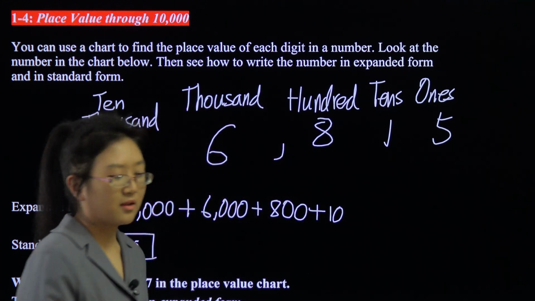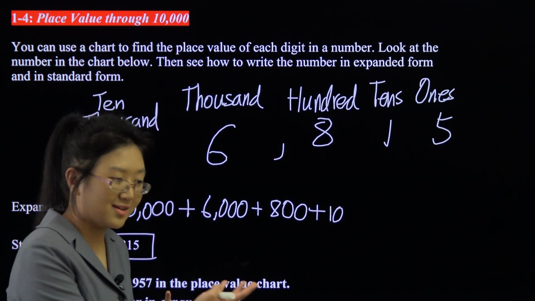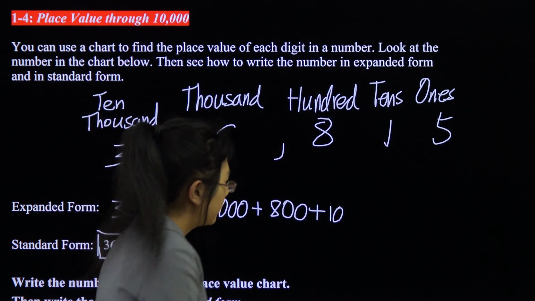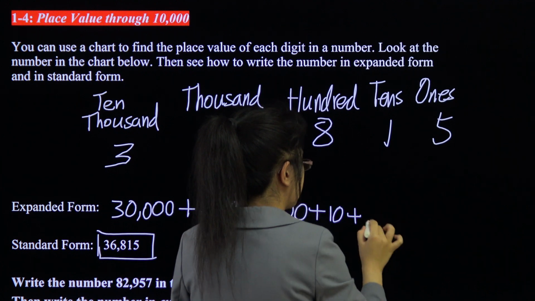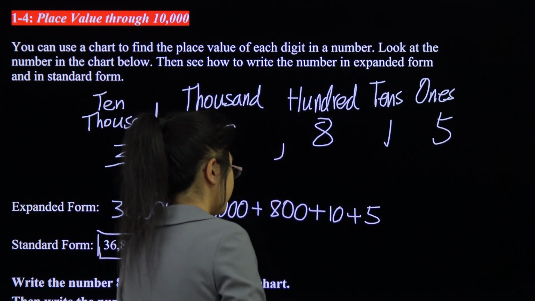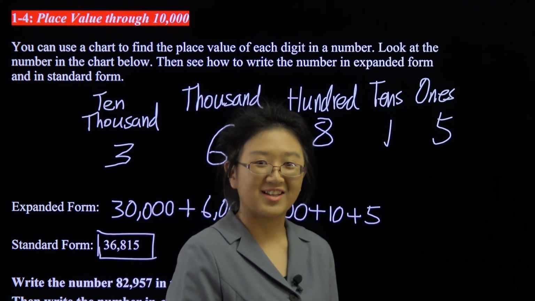Or, since you haven't really gotten to multiplication yet, 1 ten is just 10. And in the ones place, it's just a 5.